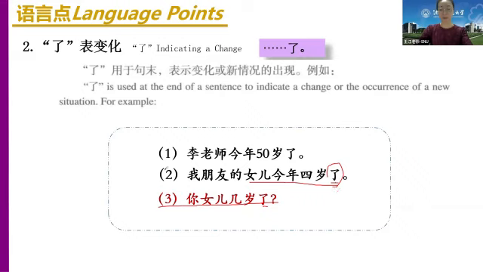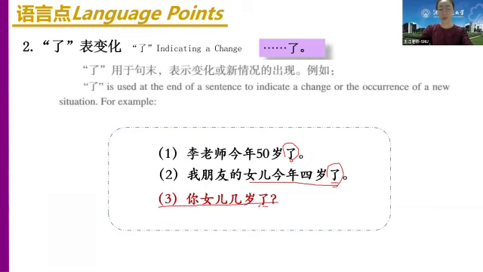Number 1, 李老师今年50岁了。Teacher Li is 50 years old this year. So Teacher Li became older than last year, right? All of us become older than last year. So at this time, we are the youngest, compared with the days in the future, okay?